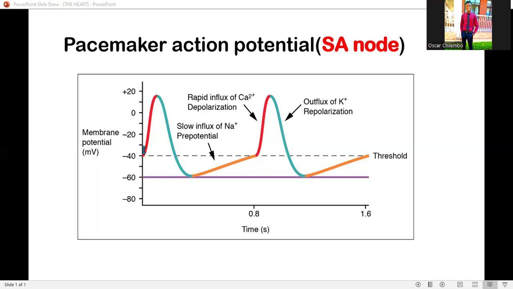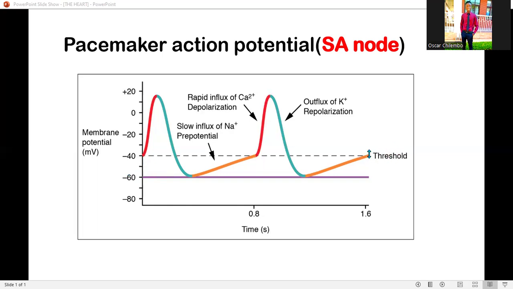For us to move from negative 60 to around negative 40, we call that initial depolarization or spontaneous depolarization.